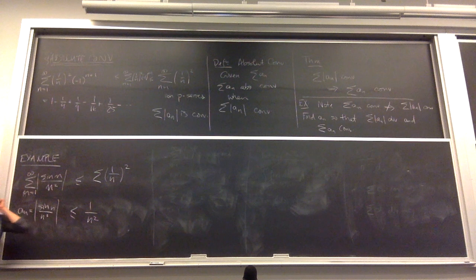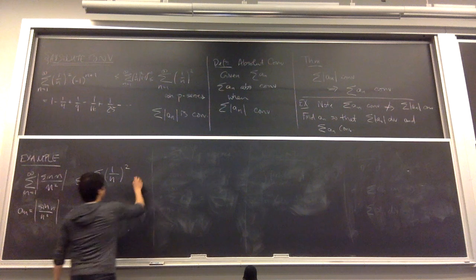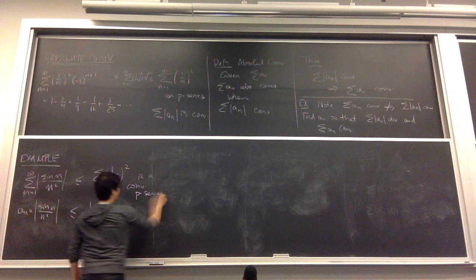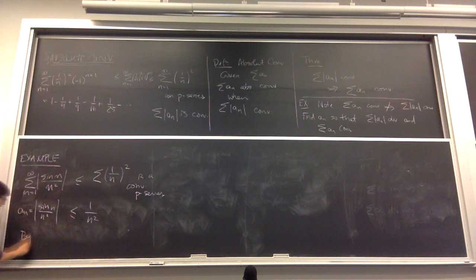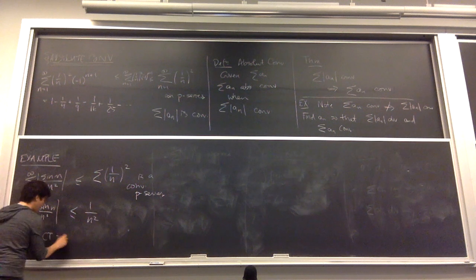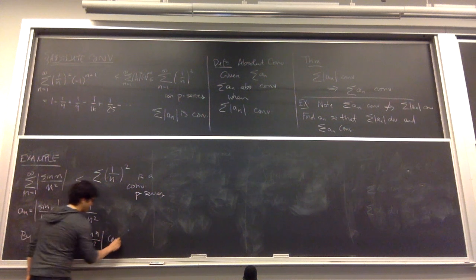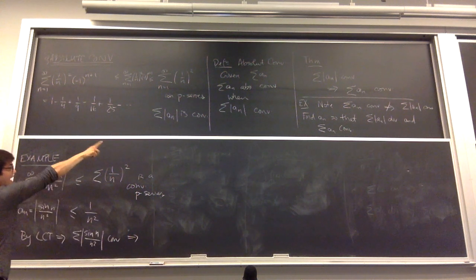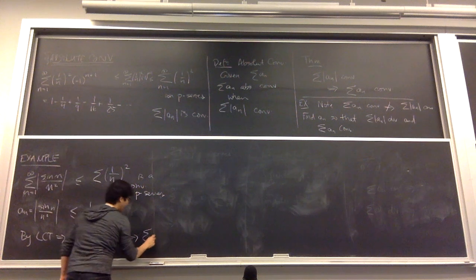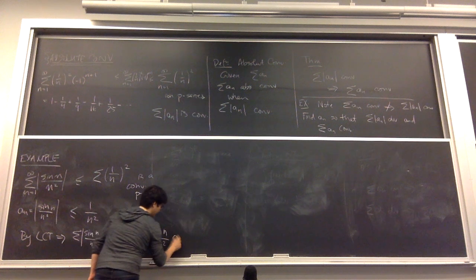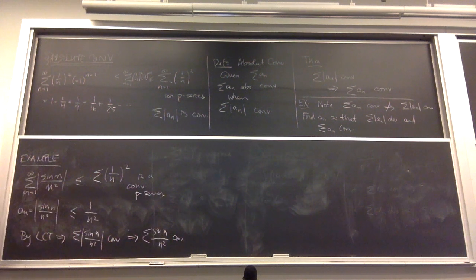And what is that sum? It's a p series with p greater than 1, which is convergent. So by the comparison test, the sum of the absolute value of sine n over n squared converges, which means by that theorem, the original sum converges.